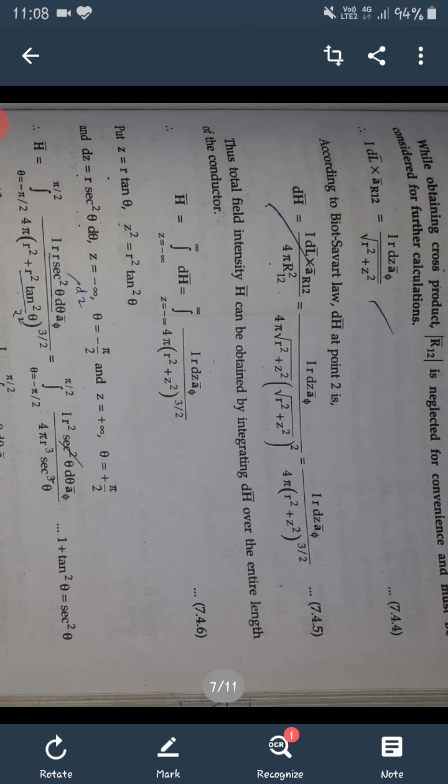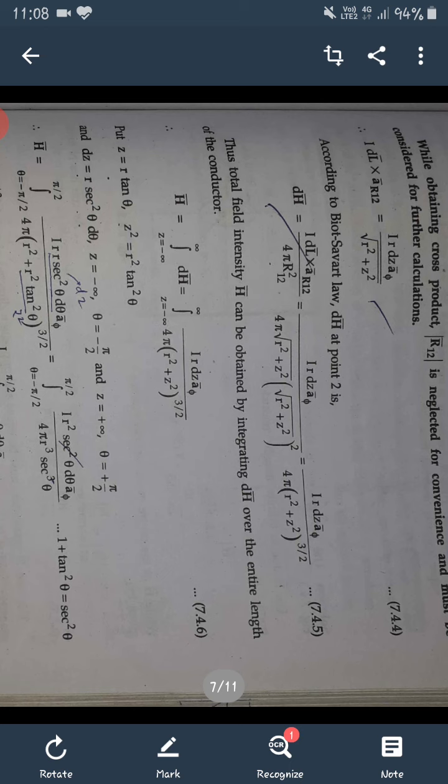Now we will put z equal to r tan theta. Therefore z square equals r square tan square theta, and differentiating both sides, dz will be equal to r sec square theta d theta, because the derivative of tan theta is sec square theta.